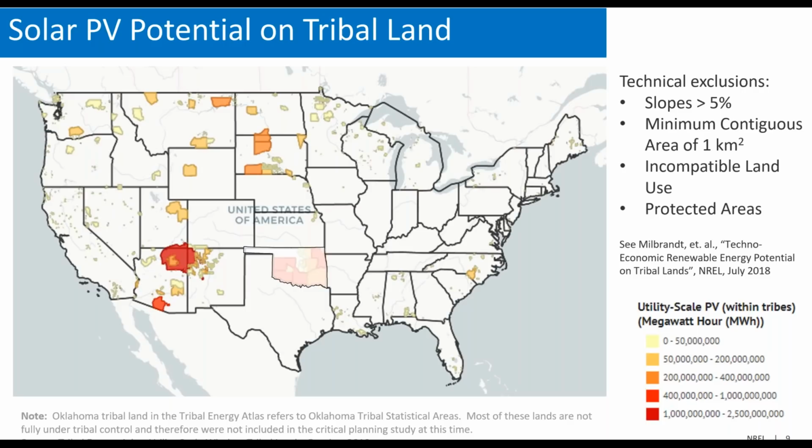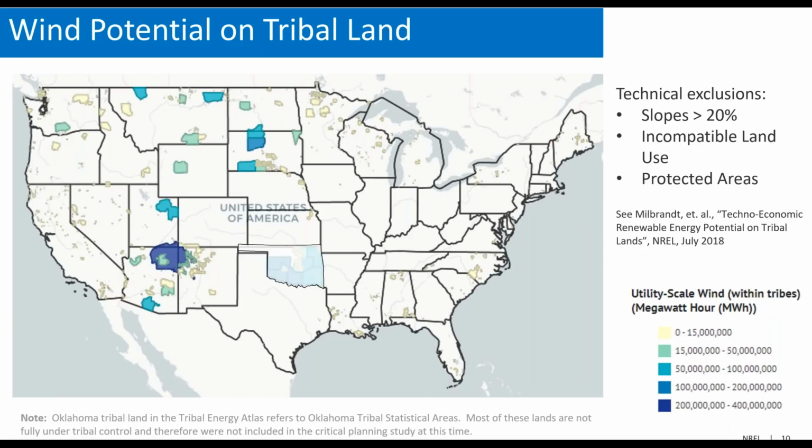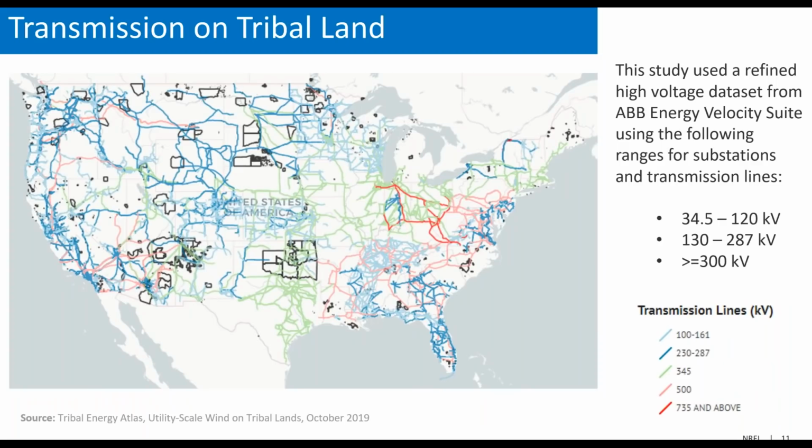The next slide, 10, actually shows the wind potential, for example. And then the third slide that I've provided, slide 11, is indicative of transmission across the country.